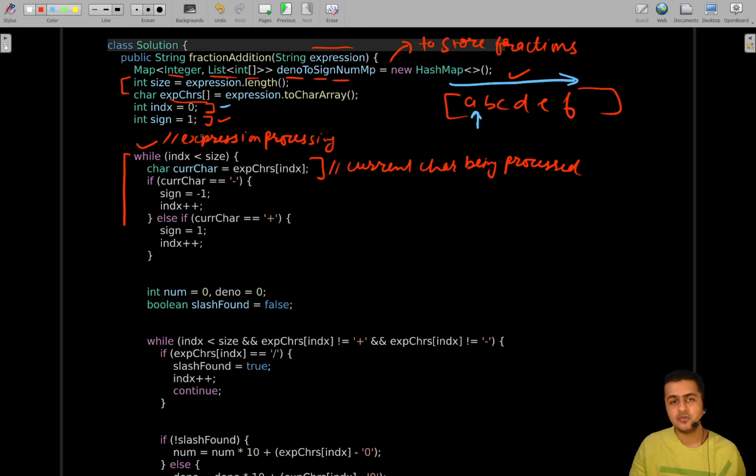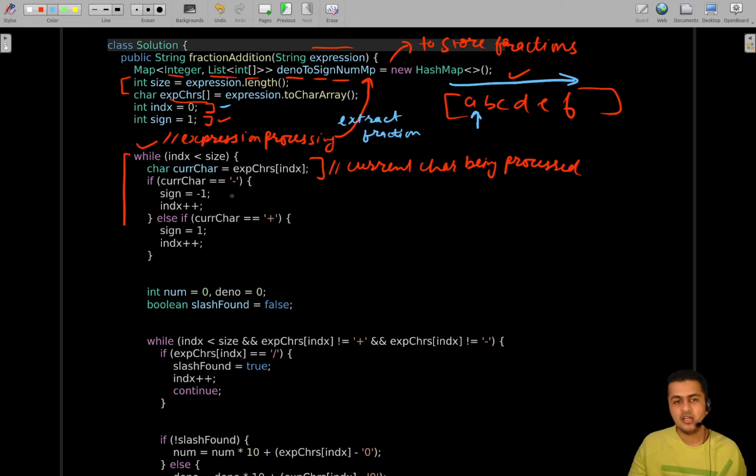And what is this for? This is to extract the fractions and store them into the map.